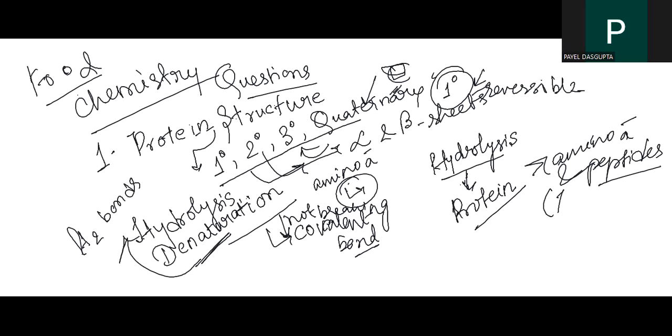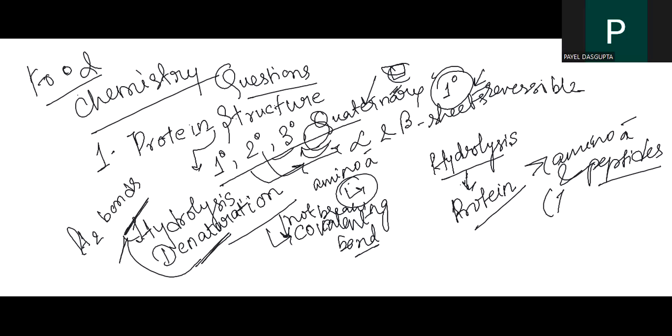As I said, the uncoiling of the quaternary and tertiary structure. The bonds involved are hydrogen bonds as well as hydrophobic interactions. The unfolding of the structure means the protein molecules will come together readily and form aggregates.